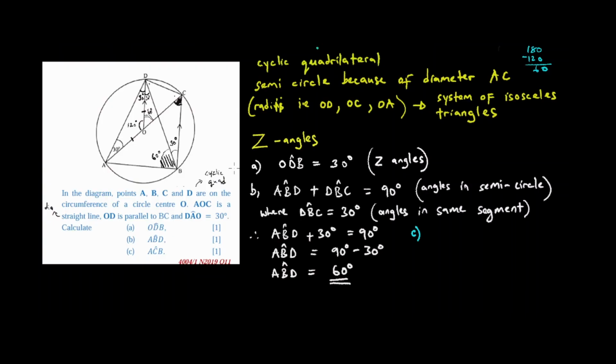I'm discovering something easier because it's 1 mark, so the working shouldn't be much complicated. DOC is equal to ACB because of set angles.